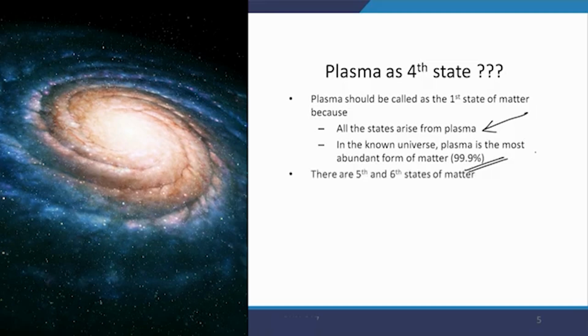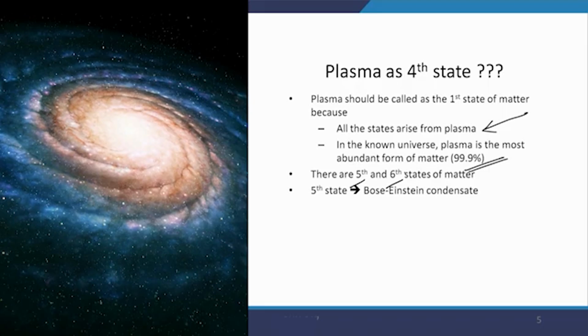So, the fourth state of matter, it does not end here. There are other very interesting states of matter, like for example, there is a fifth state of matter, there is a sixth state of matter. These states of matter exist under very peculiar conditions of temperature, pressure, density, etc. But what are those? The fifth state of matter is called the Bose-Einstein condensate.